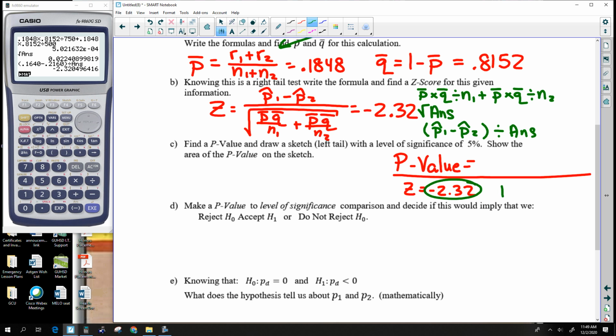Your resultant p-value will always be less than 0.5. So if you're getting numbers like 0.9, 0.6, whatever, that happen to be above 0.5, you're absolutely wrong. You have to look it up as a negative. Them's are the rules. The z-score is already negative, so I don't have to be super duper careful. Just make sure you look it up on the negative side of the table, negative 2.32, I should say.